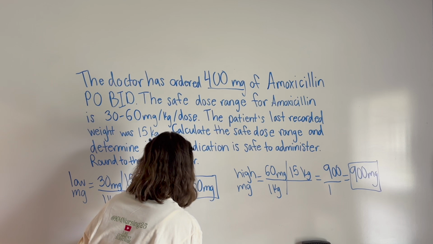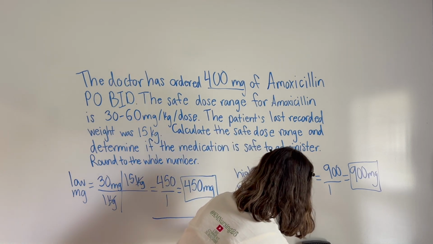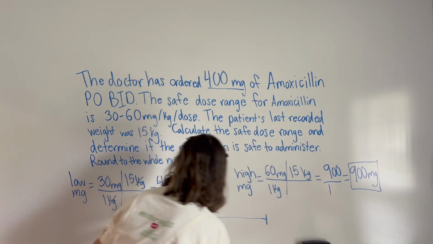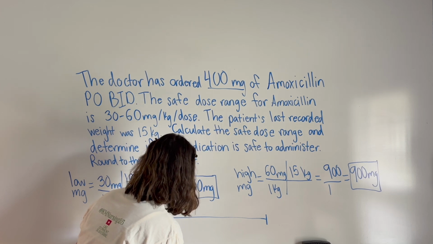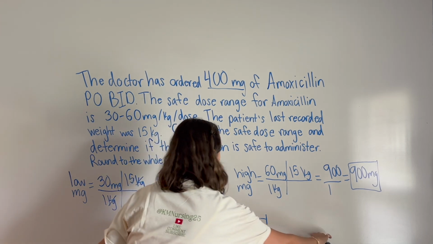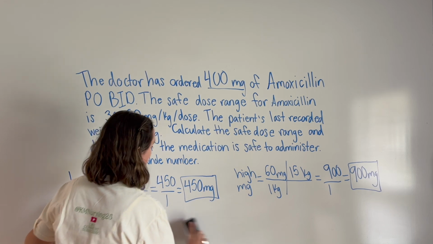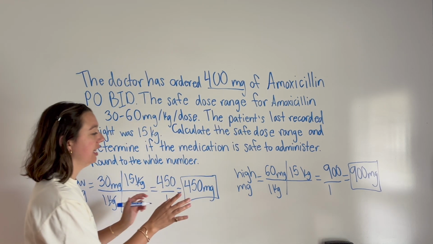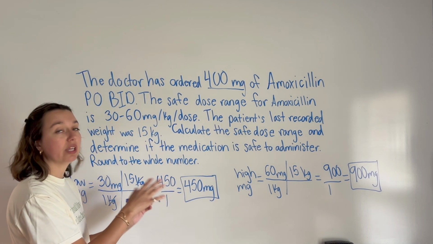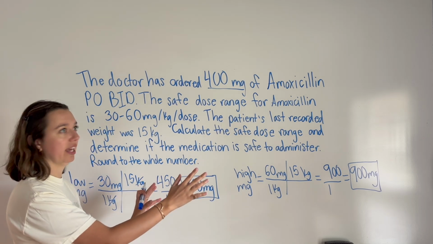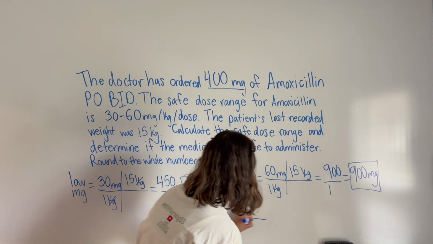So we have a number line here. To determine if our dose is safe, we can do a number line if we have trouble just looking at it and determining it. So I'm going to draw a number line here.